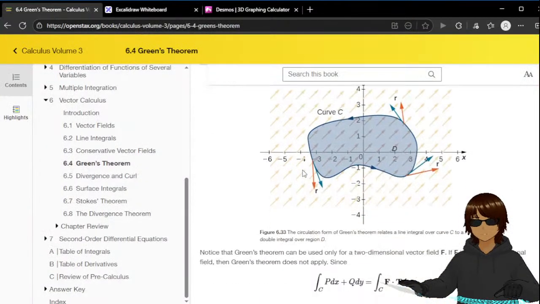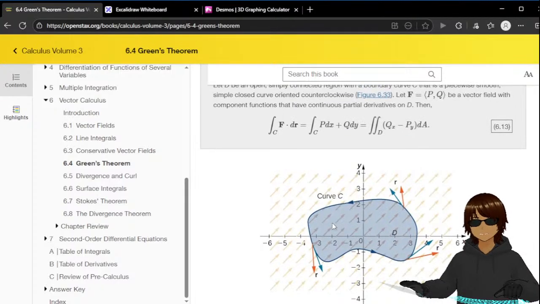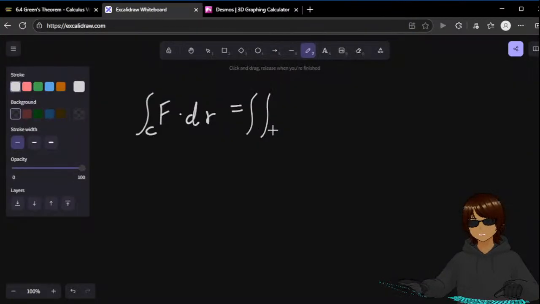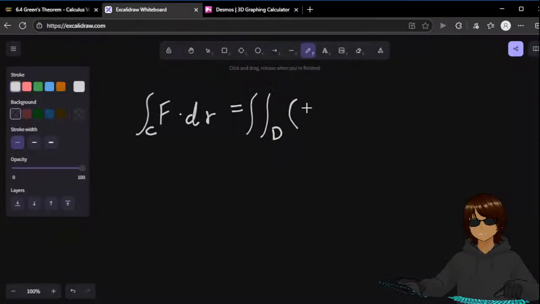Like if you want to find the vector line integral of a closed curve, you have to find the area of the region it covers. We need to double integrate over the region it covers of Qx minus Py.